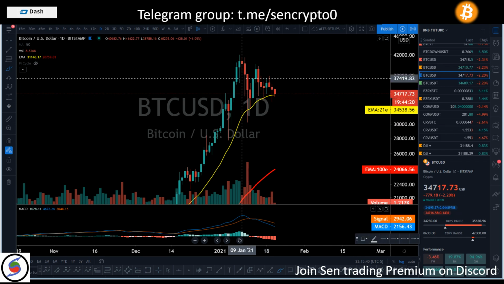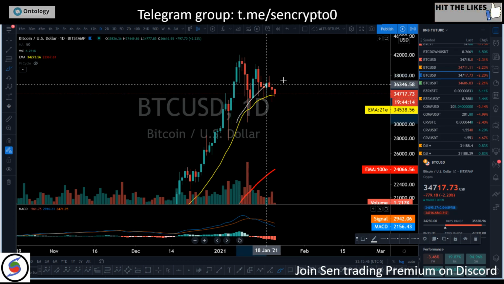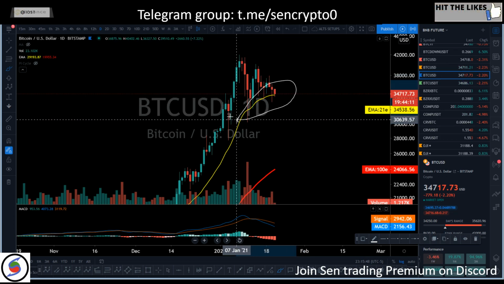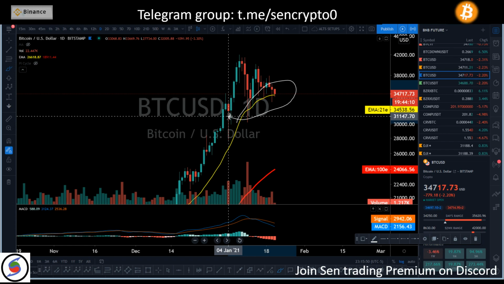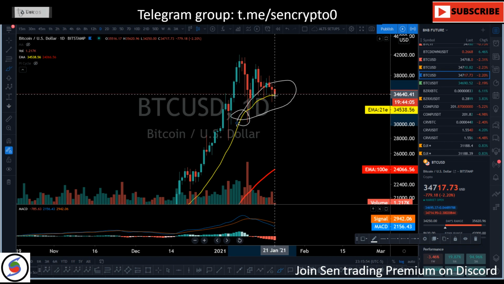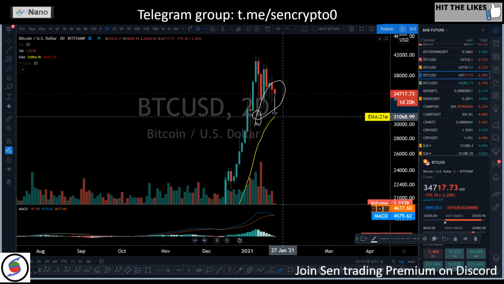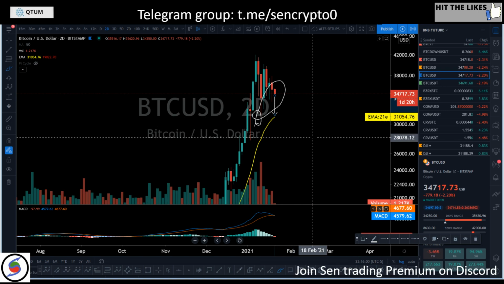Most people who trade the market like to buy at the daily 21, and if bears are strong enough to drop the price below the daily 21, we could potentially see some lower numbers all the way down to the 2-day 21 EMA, which is my next support area I'm watching over the next few days.